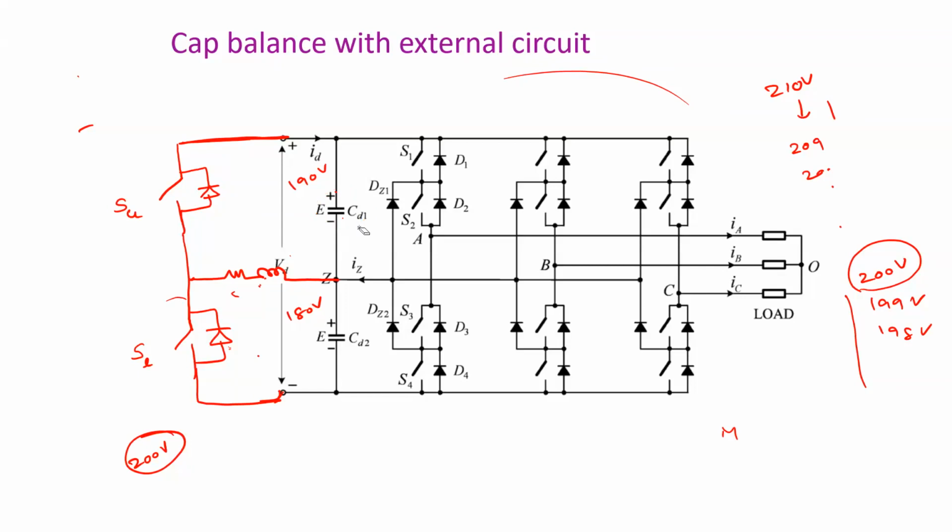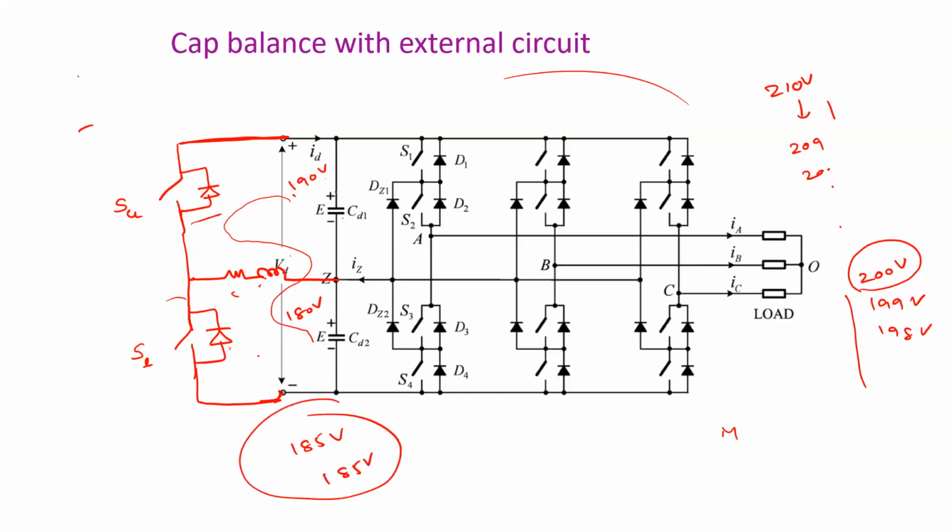For example, in this case, if you turn on this upper switch, the energy stored in this one is transferred here. But when you do so, this is 190 volts and this is 180 volts, so maybe they both will settle at 185 volts, right? Agree? Yes. But you are supposed to maintain 200 volts.